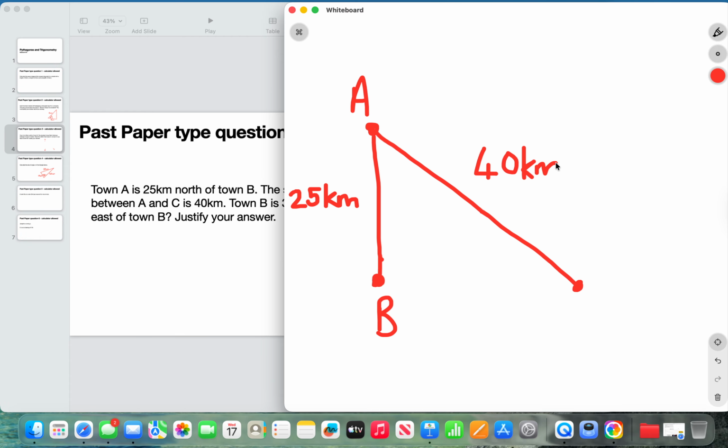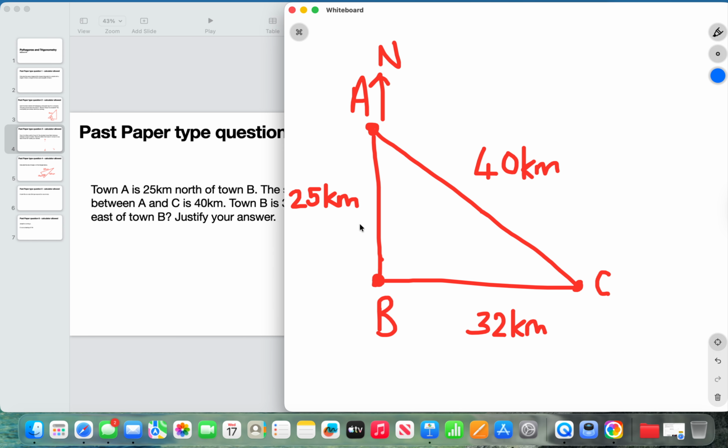Now, if A is north of B and C is east of B, well, the lines AB and BC, these two lines, have to be at right angles to each other. And this way is pointing up north.